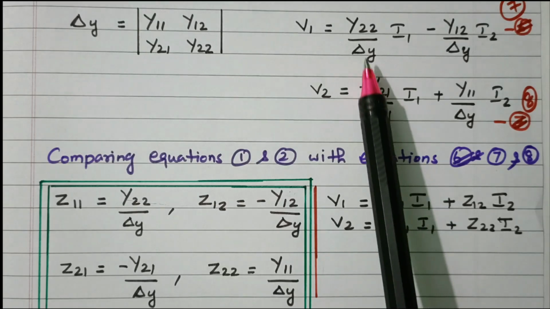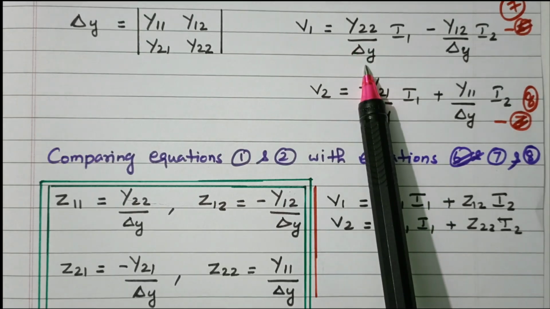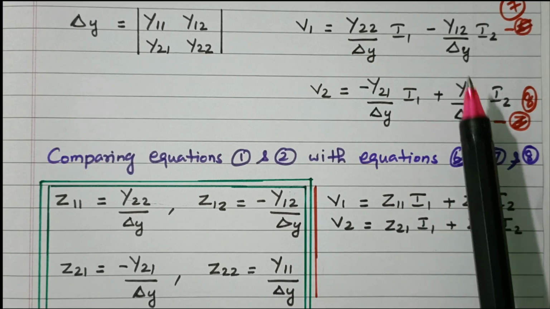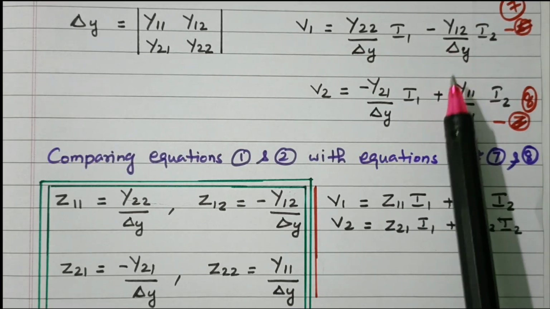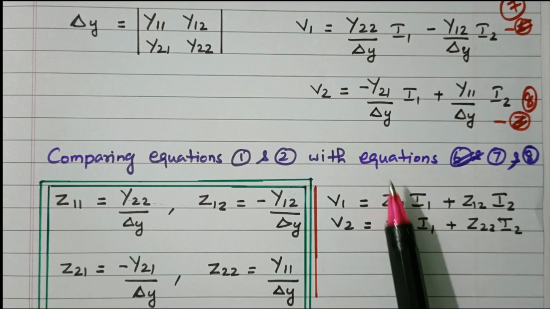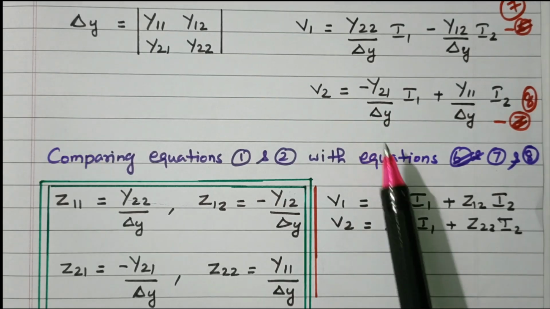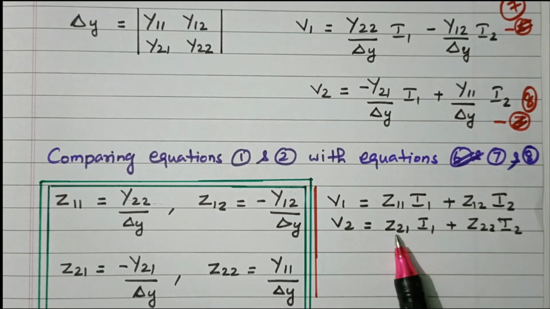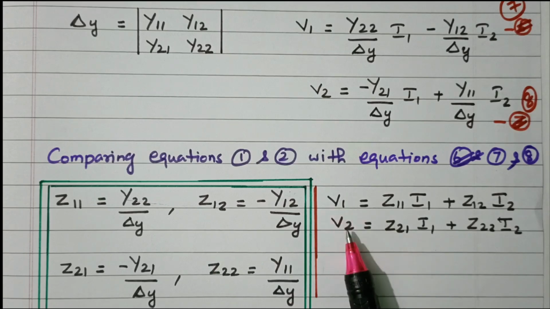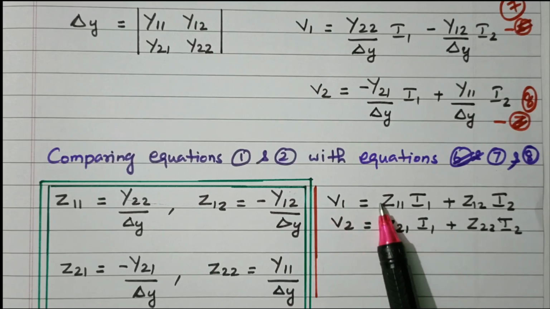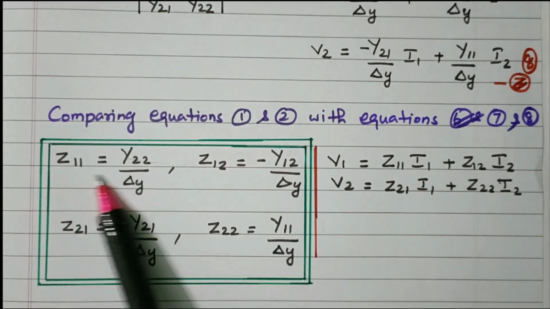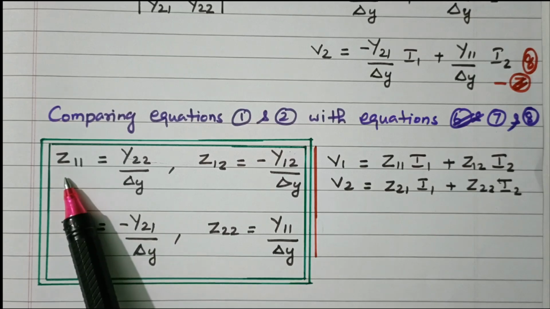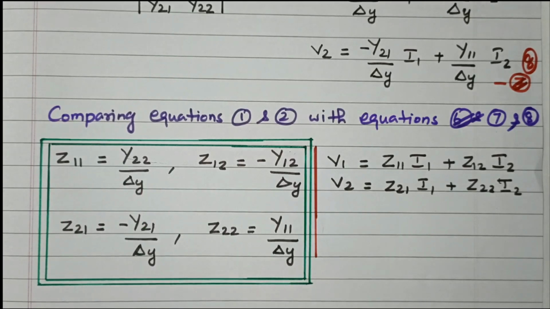Z11 is nothing but Y22 divided by del Y. Z12 is minus Y12 by del Y. Similarly, Z21 is minus Y21 by del Y. Z22 is Y11 divided by del Y. So by comparing these coefficients, since both are voltage equations in terms of current, we are able to get these 4 equations, that is, the Z parameter in terms of the Y parameter.